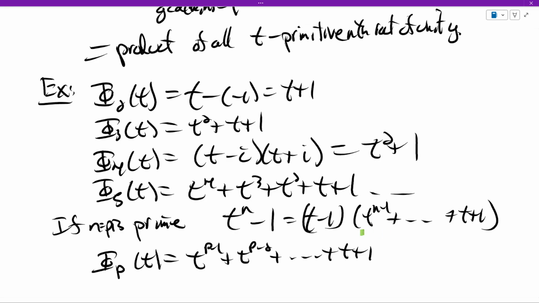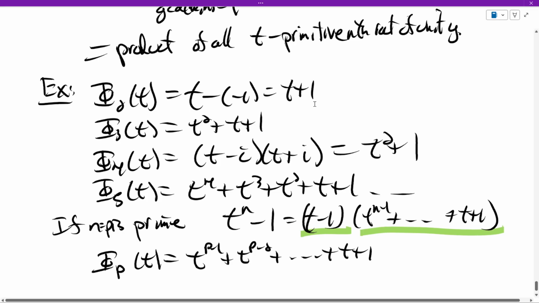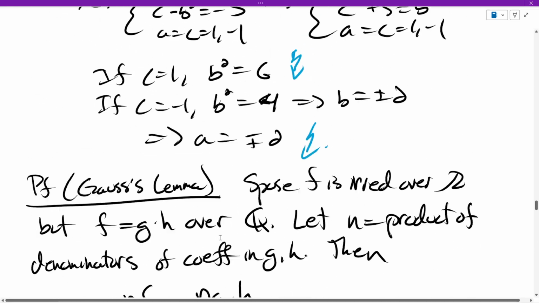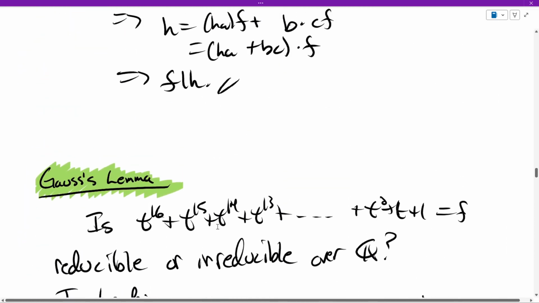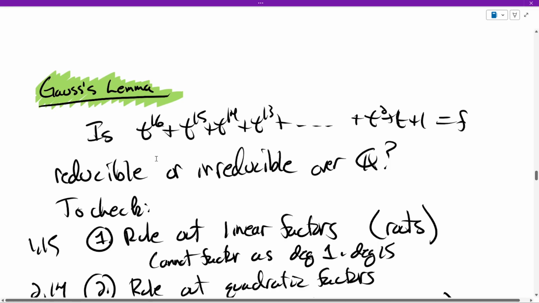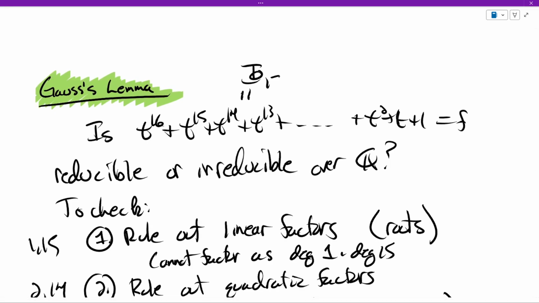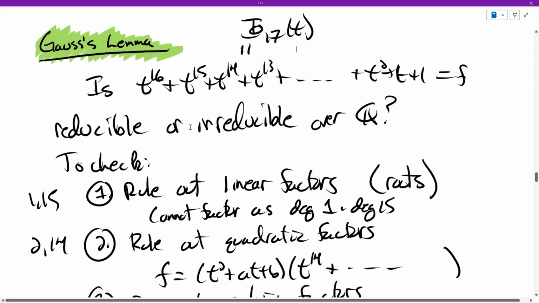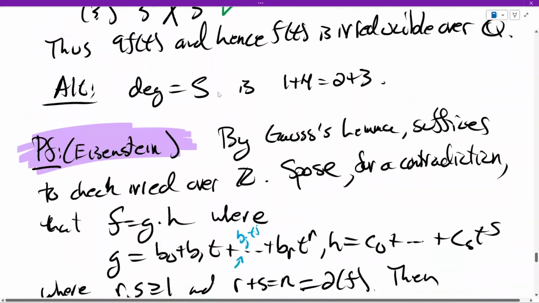It's the part that's left over after you do this regular factorization where you pull out the t minus 1. So when p is prime, the pth cyclotomic polynomial is the sum of the powers of t for all powers less than p. So in particular, if we scroll up past our proofs here, this guy is phi 17 of t.